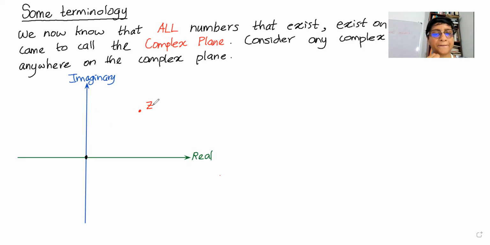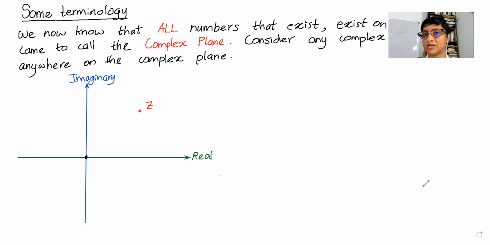Okay. So this Z could be anywhere on the plane. It could be on an axis. It could be on the real line. It could be on the imaginary line. It could be in between. It doesn't matter. Wherever it is, everything that we are going to write afterwards is true for any complex number anywhere on this plane.